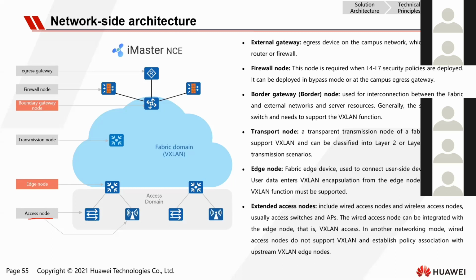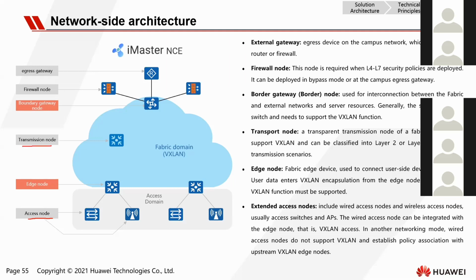So the spine works as a transmission node. If the traffic is between the border leaf and this access switch, in the same way the spine works as a transmission node and is the data path. So the spine should know the VXLAN network. It should be part of the VXLAN domain.